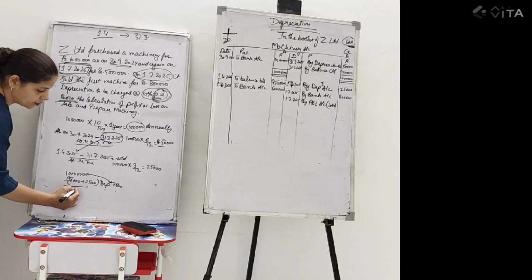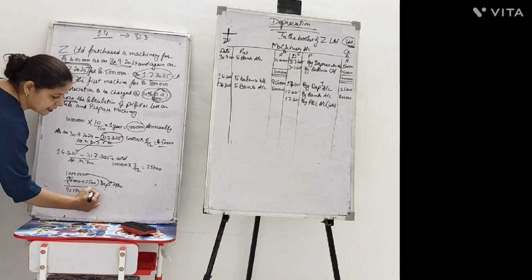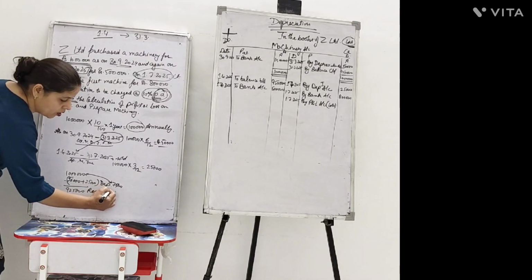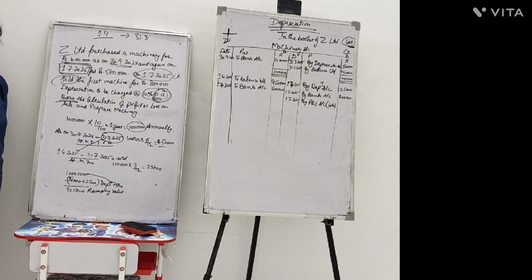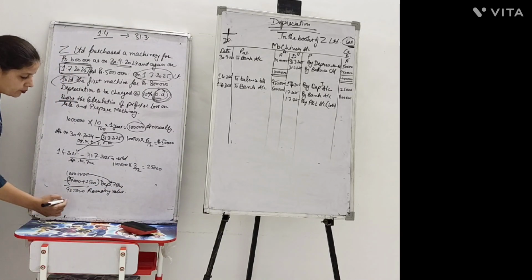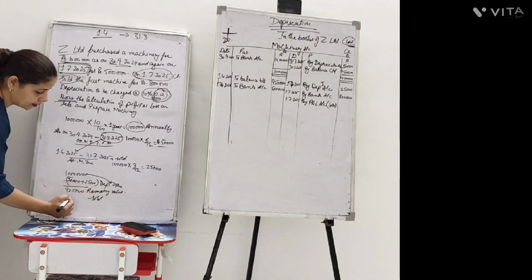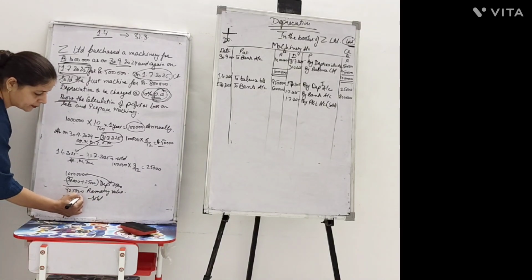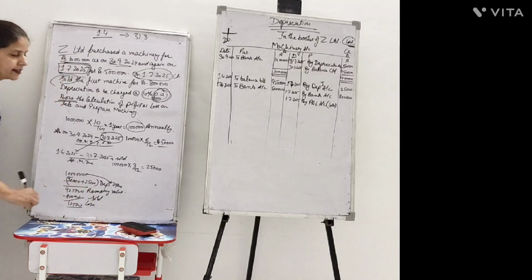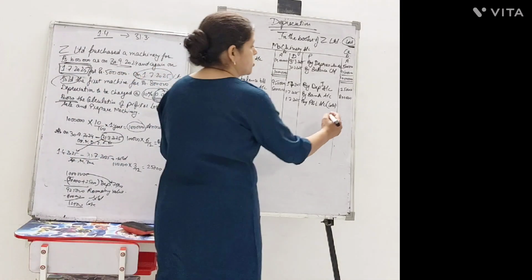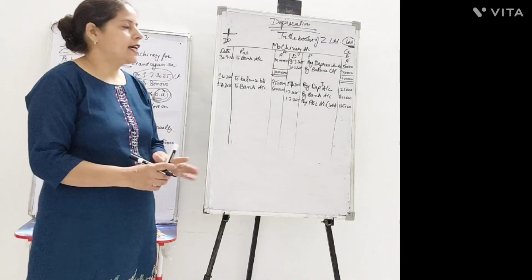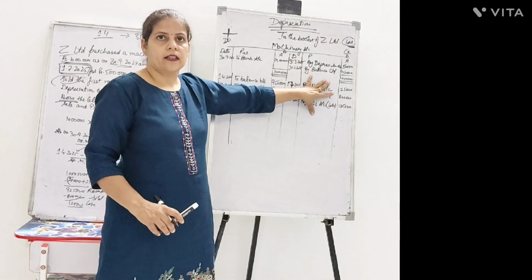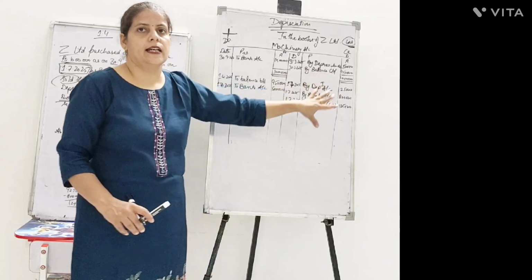What is the remaining value of the asset? That is 9,25,000. But we sold this asset for rupees 8 lakh. So there is a loss on the sale of the asset of rupees 1,25,000. So we are done with the first asset, this was all about the first asset.